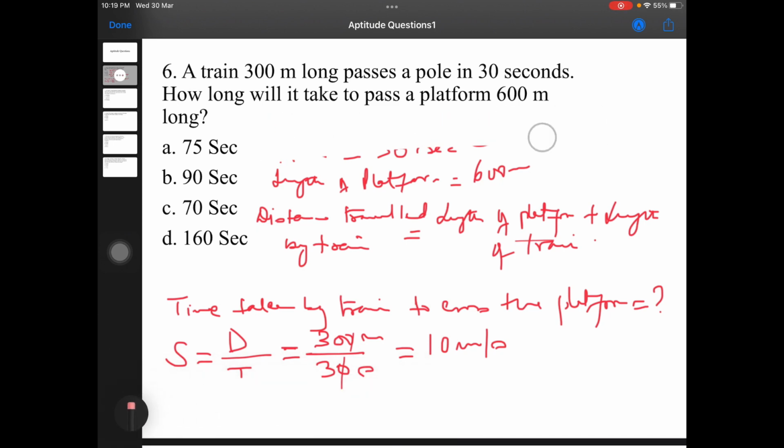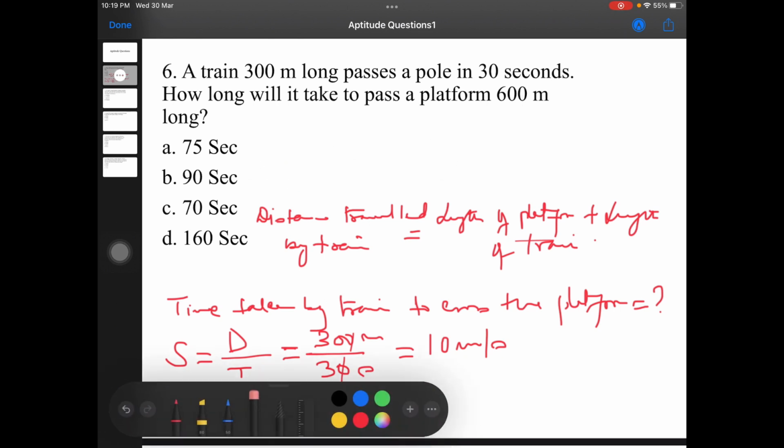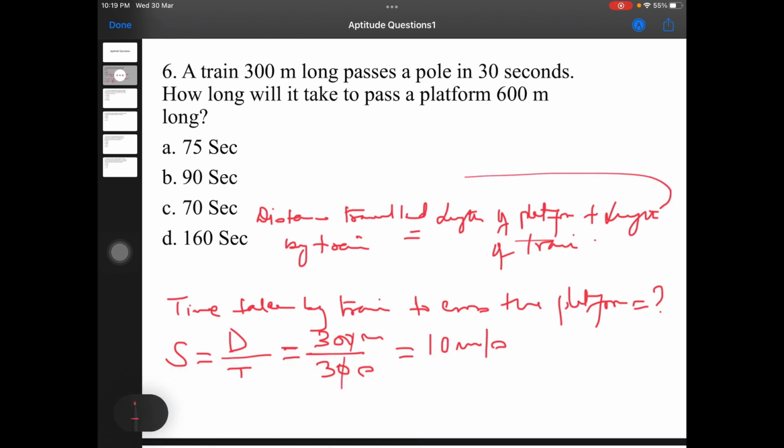The length of the platform is given as 600 and the length of the train is 300, that is 900 meters.